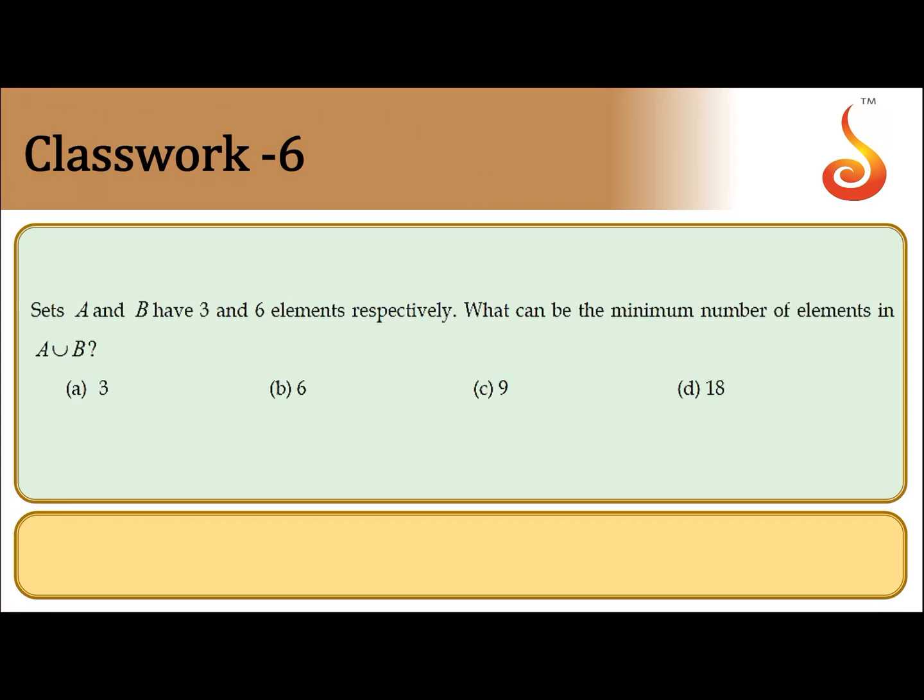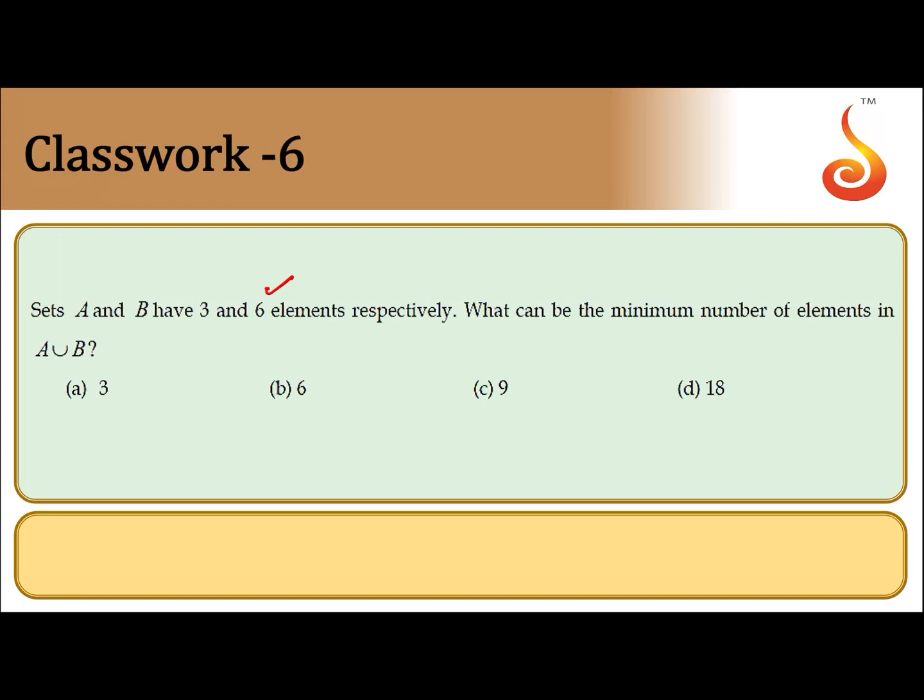And the next one, the sets A and B have 3 and 4 elements respectively. What can be the minimum number of elements in A union B? See, to have the minimum number, B itself has 6 elements.